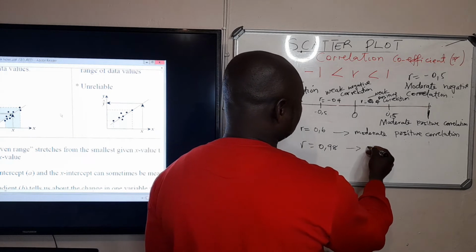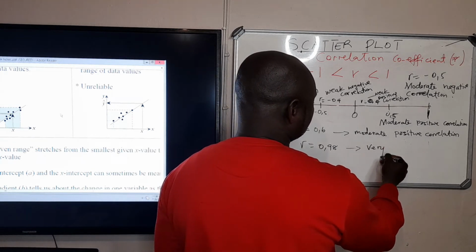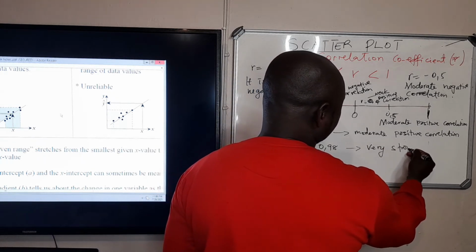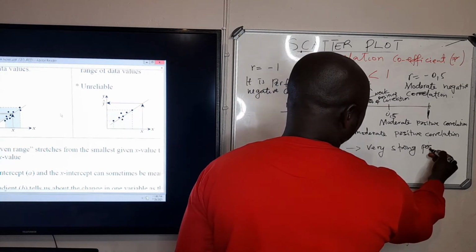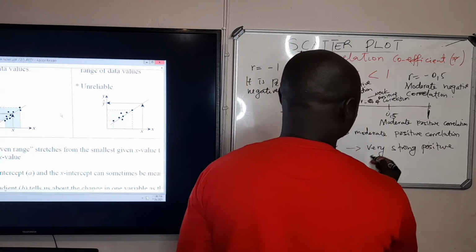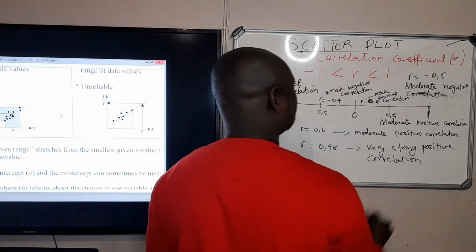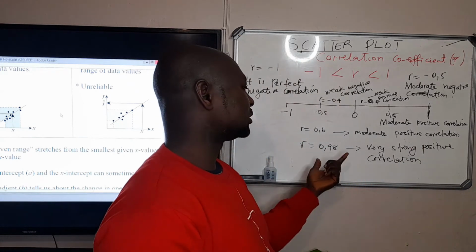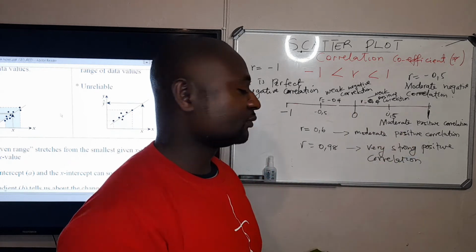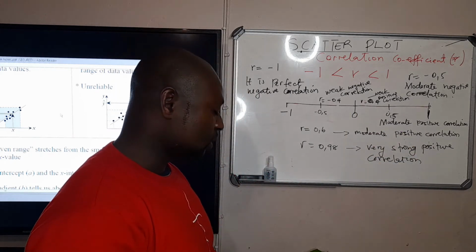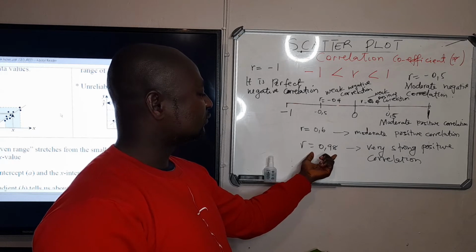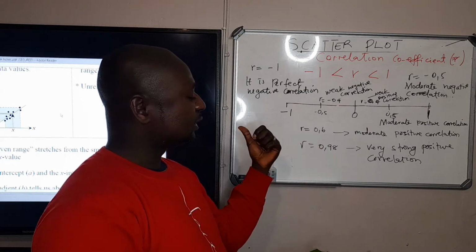Here you will say very strong or strong, very strong positive correlation. So this is how you give very strong positive correlation, or you can simply say strong positive correlation, and you are not wrong.